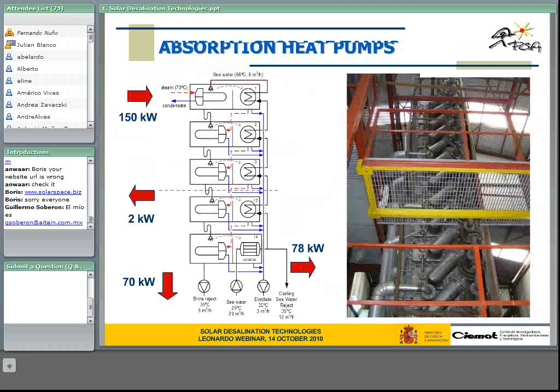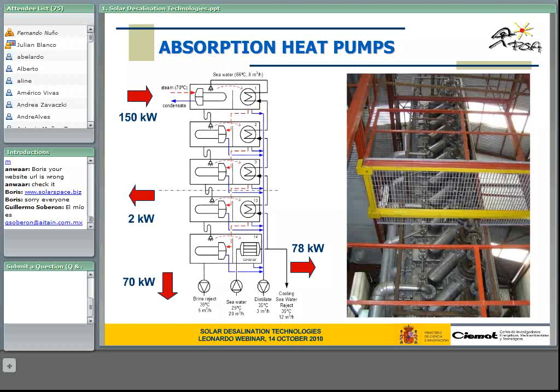So, what is the sense and the reason for this heat pump? If we consider the global energy balance of the MED plant, we provide about 150 kilowatts at the first cell. At the end, 70 kilowatts are in the products, I mean in the distillation and brine products. 2 kilowatts are general thermal losses of the whole system.